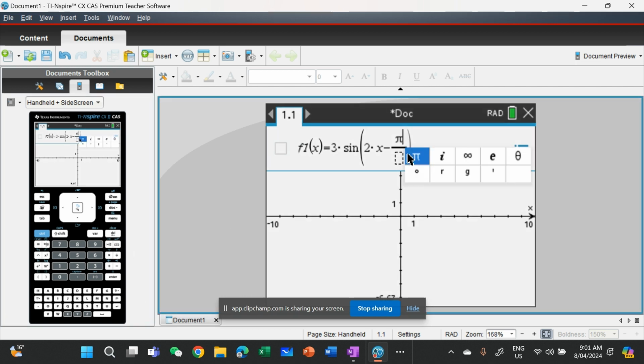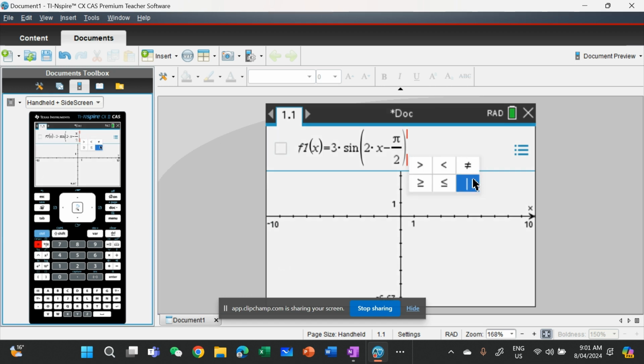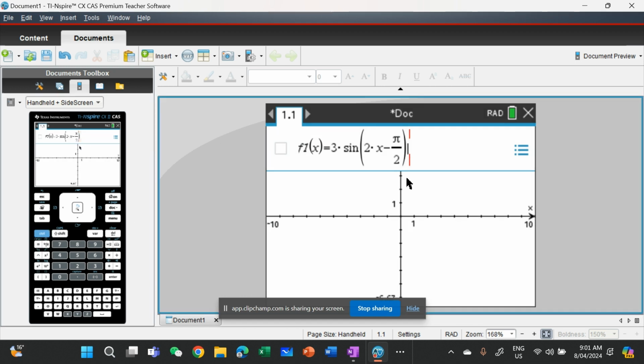Make sure you have your domain, which is from pi on 4.